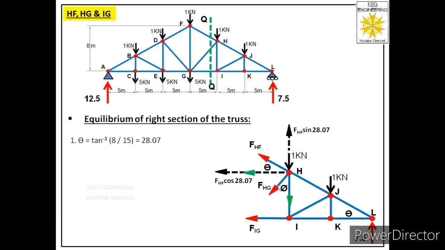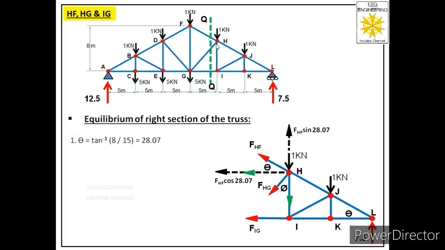So let us see where is this phi in the truss. This phi is over here. Now if we will see this triangle HGI, in this triangle this angle is phi, and if we have to find this phi, then we need the values of these sides of the triangle, but we know only this side of the triangle, that is 5 meters.